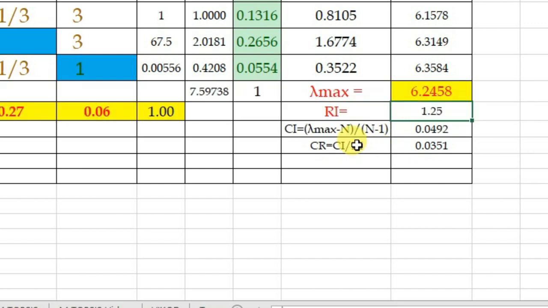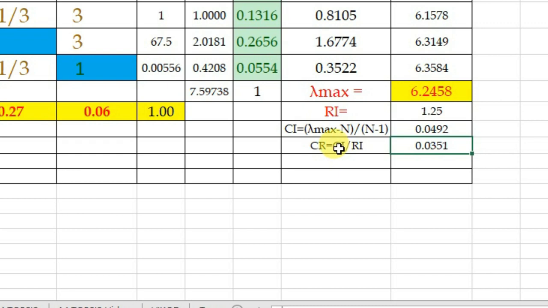So here we get RI as 1.25, and therefore CR, that is the consistency ratio, is equal to simply CI upon RI. So this is the way we get the value of CR equal to 0.0351.